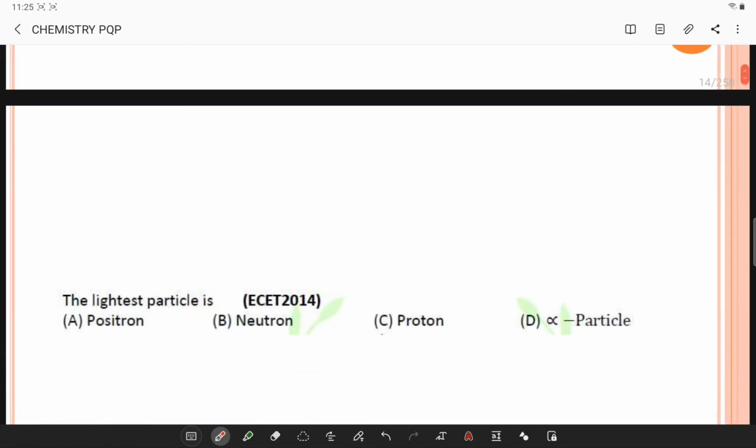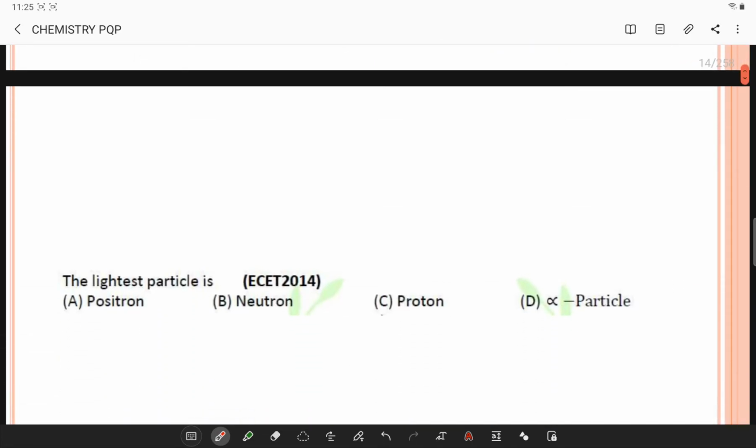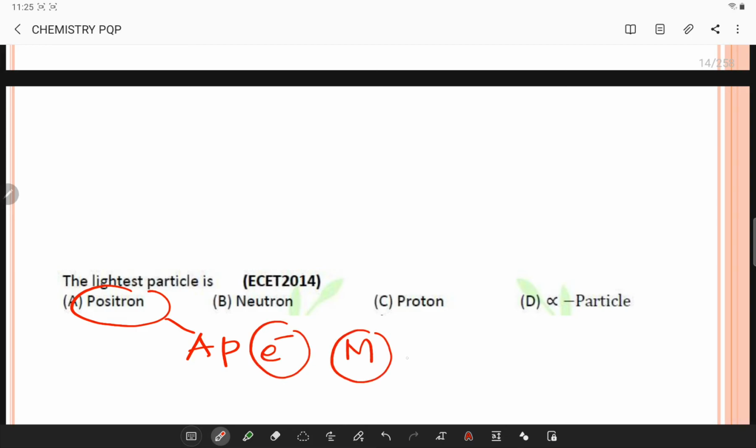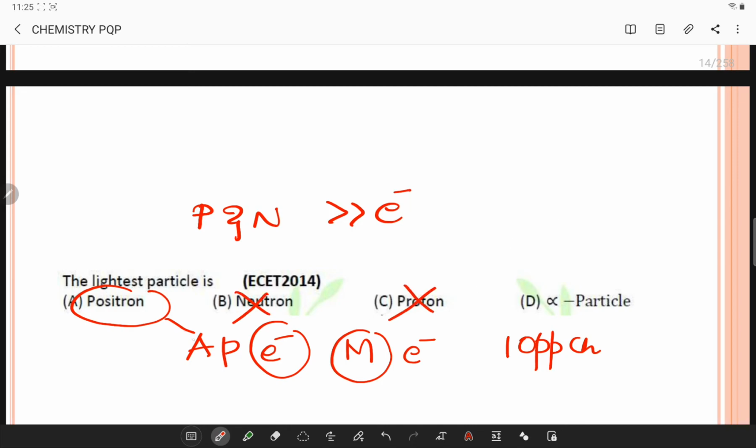The next question, the lightest particle is. A positron is an antiparticle of an electron and it has the same mass as an electron but only opposite charge. We know protons and neutrons are heavier than electrons, so they cannot be the answer.